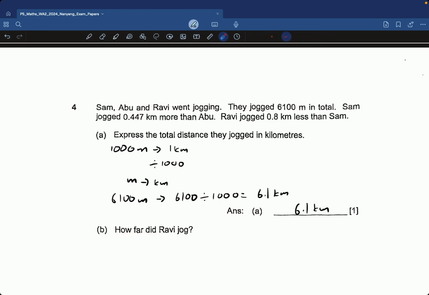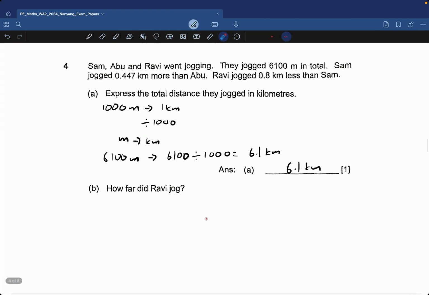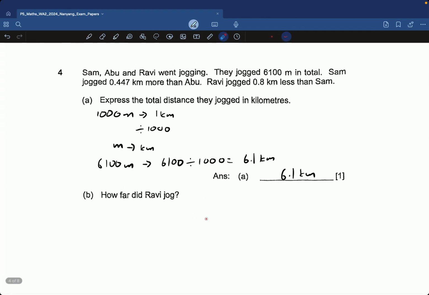How far did Ravi jog? Okay, so let's read the question. So Sam jogged 0.447 kilometers more than Abu. All right, so we're gonna do the model drawing. So we have Sam and we have Abu, right? So Sam over here is just a normal one in this case, and then Abu over here.